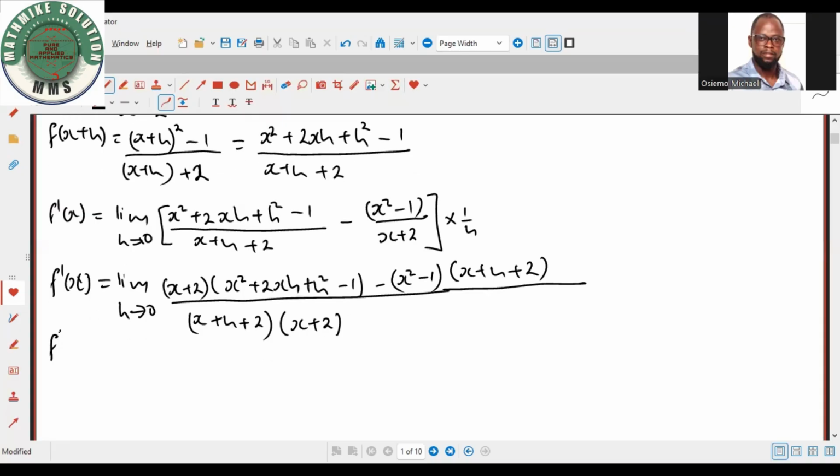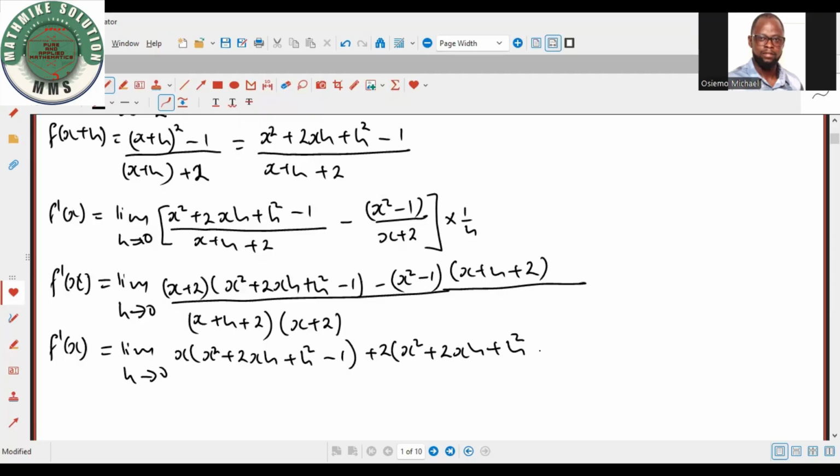So f prime at x is equal to the limit as h tends to 0 of x into bracket x squared plus 2xh plus h squared minus 1, then plus 2 into bracket x squared plus 2xh plus h squared minus 1, then minus x squared into bracket x plus h plus 2, then minus 1 into bracket x plus h plus 2.